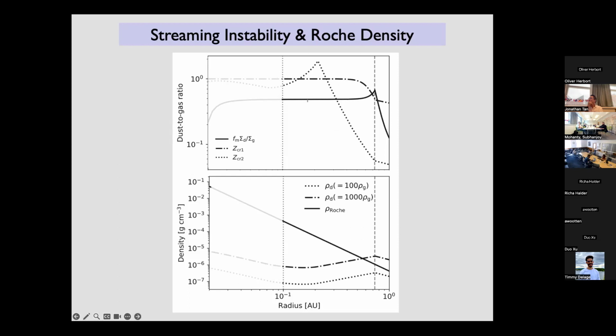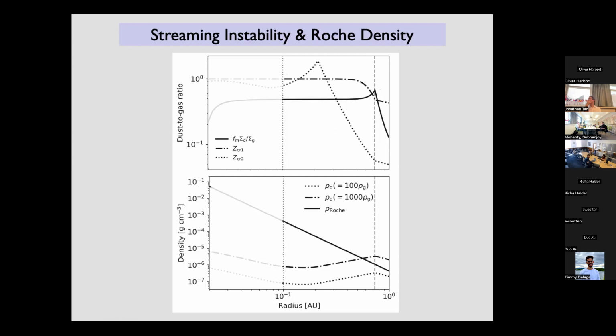And our simulation result, the dust to gas ratio, is the solid line. And you can see that we satisfy the streaming instability conditions only in this very narrow region close to the pressure bump. Okay, so it may be that our answers here are not exactly right. Maybe that'll improve. I don't know.